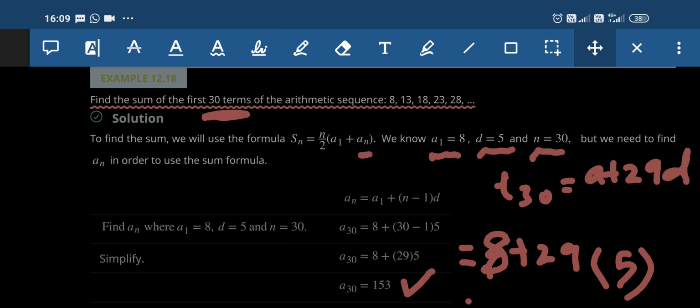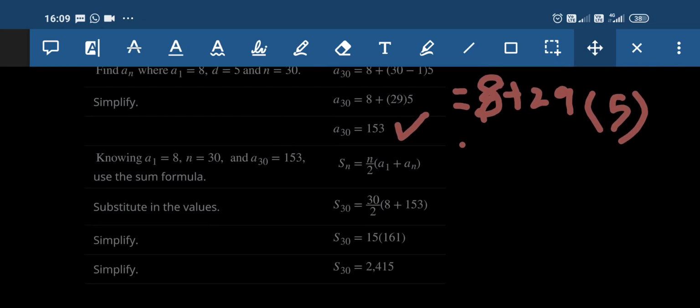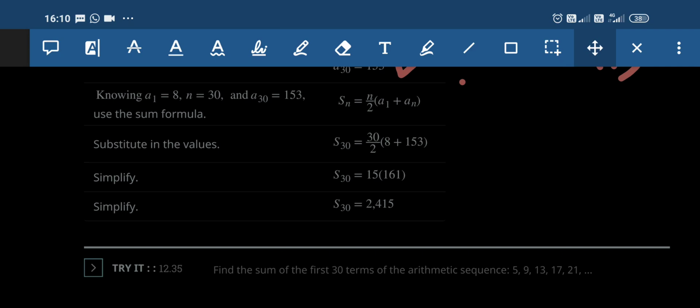Now we have a1, an, n and d, so we can find the sum of first 30 terms easily. Sn equal to n by 2 into a1 plus an.